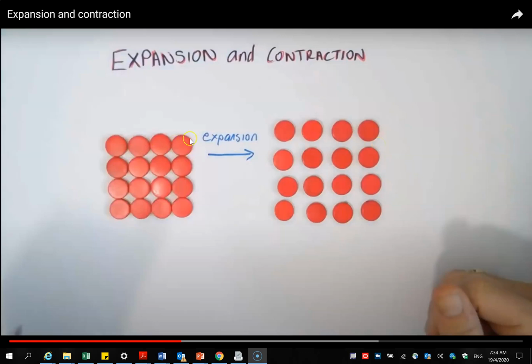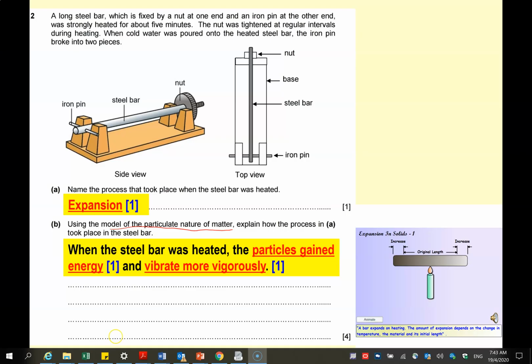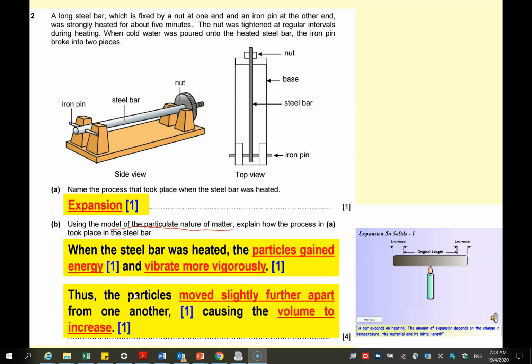And thus, the size after heating would be bigger. To put it in words, when the steel bar was heated, the particles gain energy and vibrate more vigorously. Thus, the particles move slightly further apart from one another, causing the volume to increase.